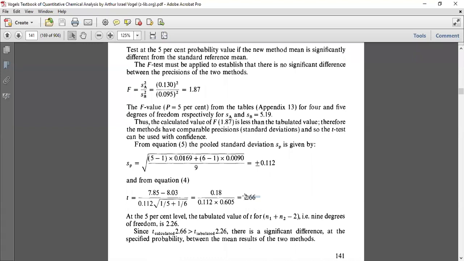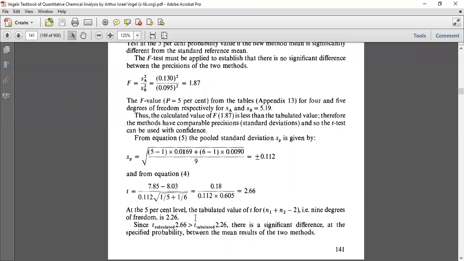So we are getting 2.66 as the final value. At 5% level, what standard value is given to you? 2.26. Very slight difference. See here 2.26 and you got 2.66. So what is your justification? The T you calculated is more than the standard value 2.26.